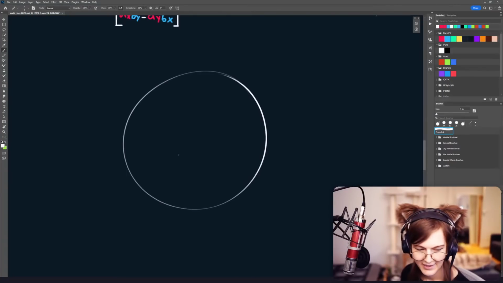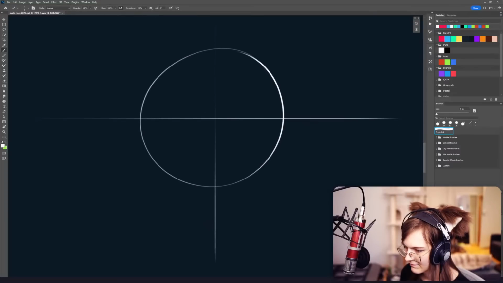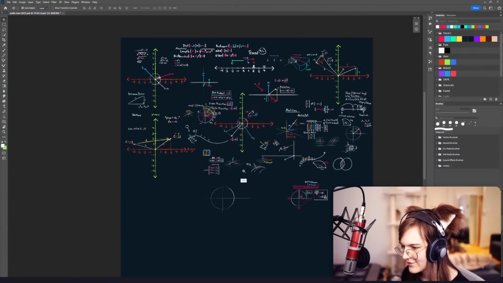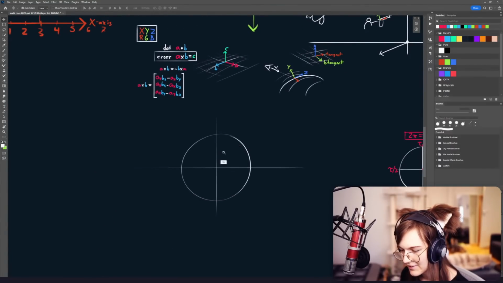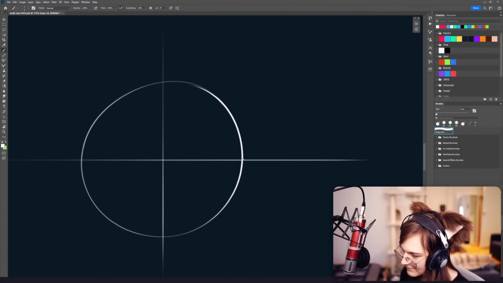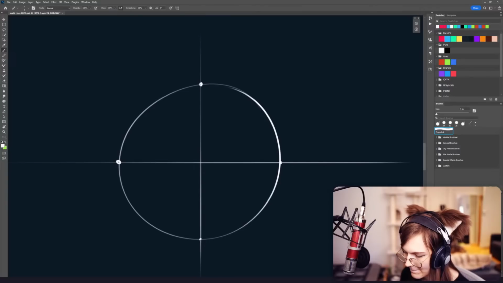I don't know. See how useful a unit circle is? We've been using this so much. Incredibly useful tool. Okay, we got our unit circle.